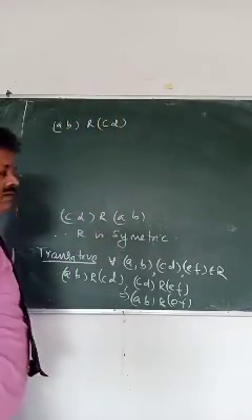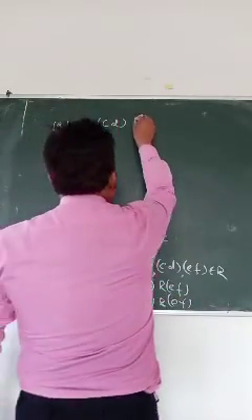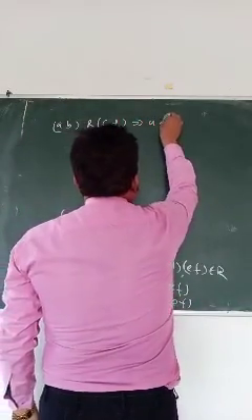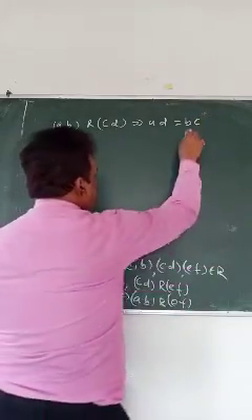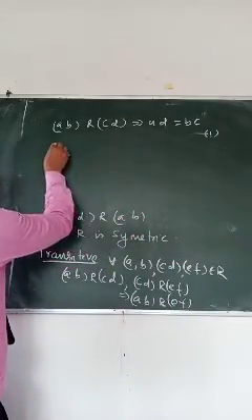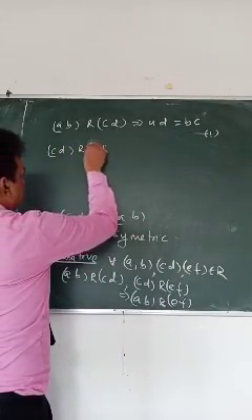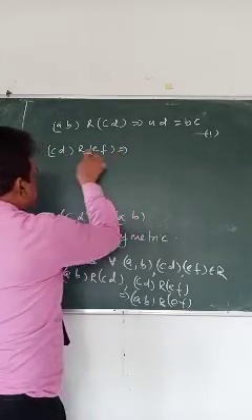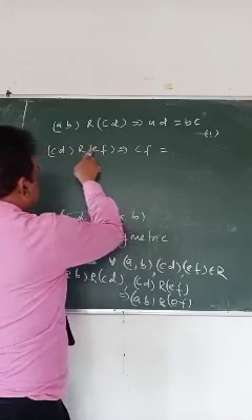The definition is given: first-last, ad equals bc. Okay, say equation number 1. (c,d) relates (e,f) implies cf equals de.